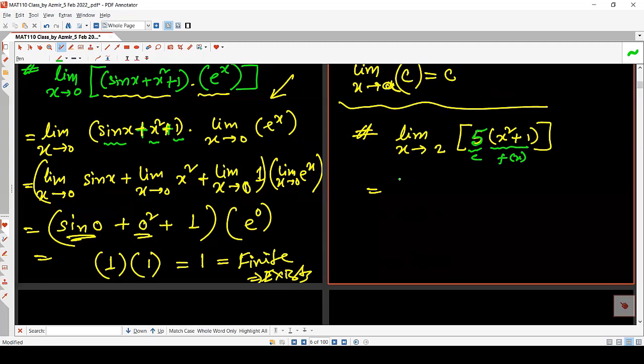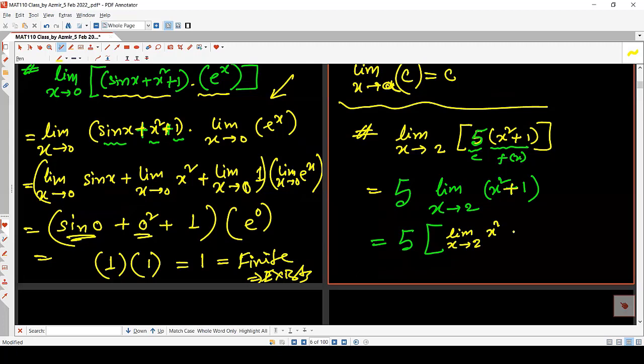So we can bring this constant before the limit: limit x tends to 2 of x squared plus 1, times 5. Now we also have a sum, so we can apply the sum law to compute the limit: limit x tends to 2 of x squared plus limit x tends to 2 of 1.